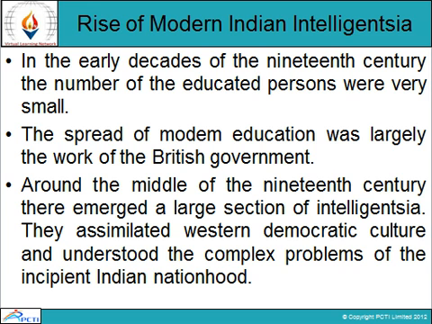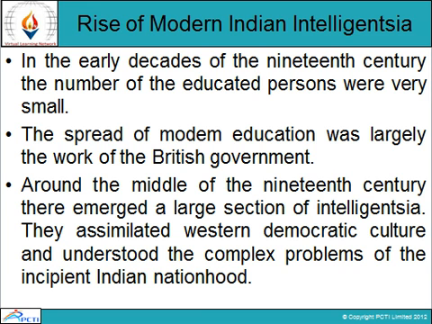Next is the rise of the modern Indian intelligentsia. In the early decades of the 19th century, only a small number of educated persons were there. The spread of modern education was largely the work of the British government.